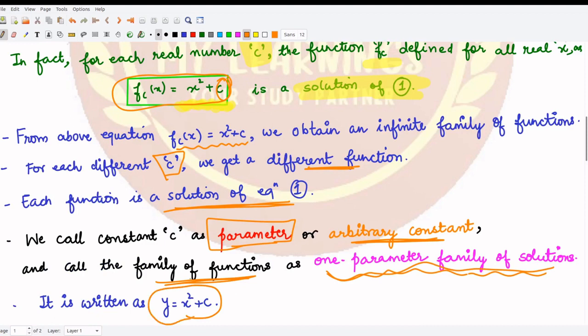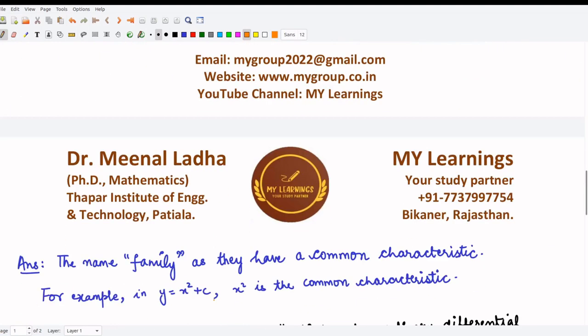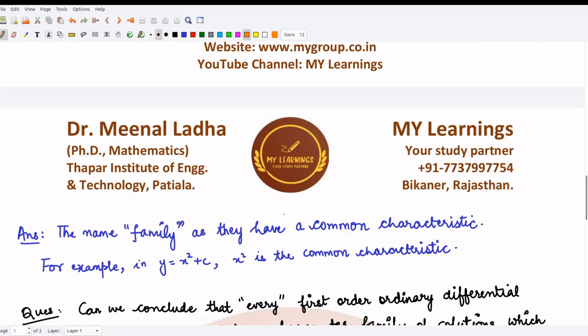Now one must be thinking why in particular I am using this word family here, family of solutions. Does it have anything to do with our families? The answer is yes. The name family is given because a family has some common characteristic between its members.